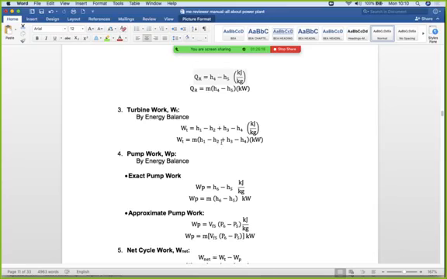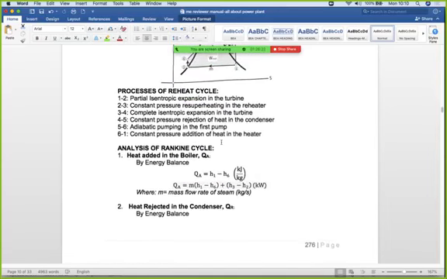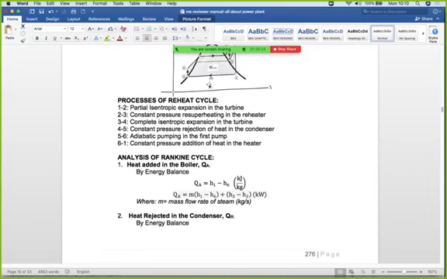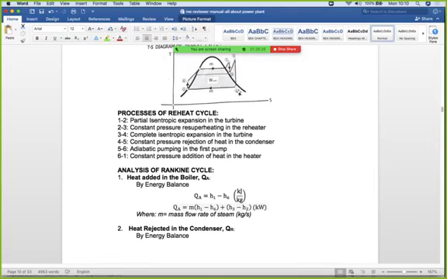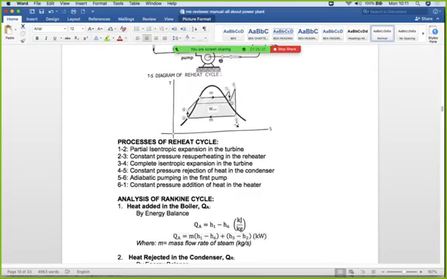So where is H3 minus H4? Here, this one. 3 to 4 is due to the boiler itself, producing steam. So there are two productions here: 1 to 2, which is the reheater, and this one is the boiler side.